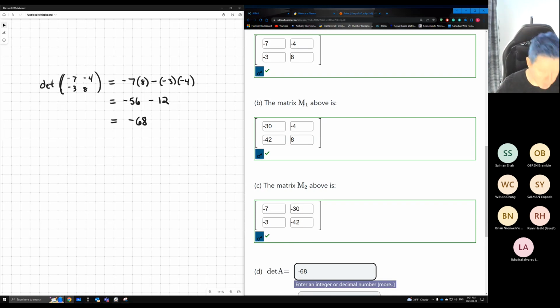What's the determinant of M1? Okay, I'm probably going to get a calculator out for this one because this one's a bit more complicated.